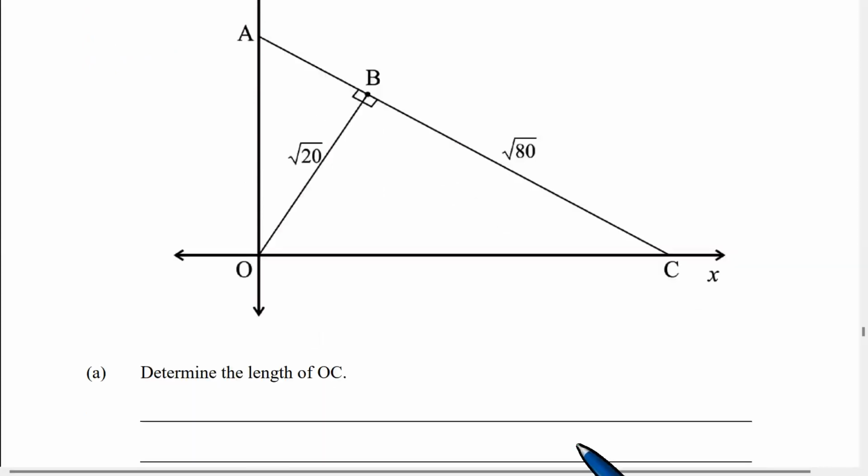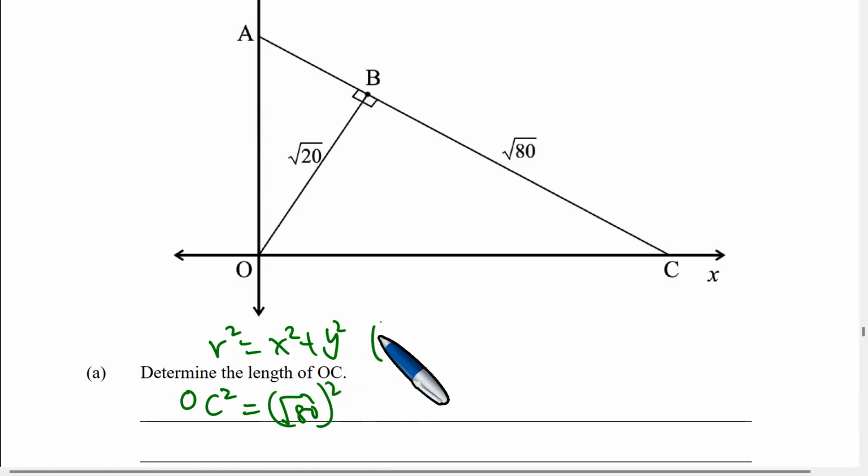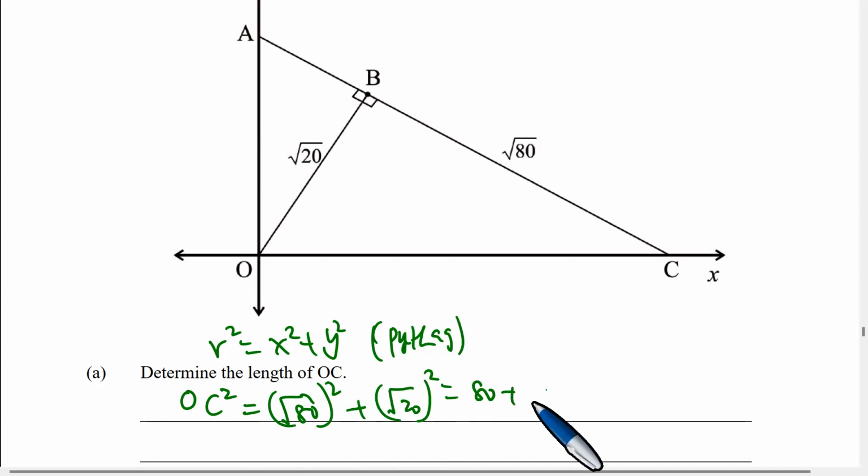OC squared. Right, so OC squared is like Pythagoras. This is the hypotenuse. So OC squared is going to be the square of this one, like r squared is x squared plus y squared, and this is Pythag. So which means OC squared is 80 plus 20. 80 plus 20 is what?